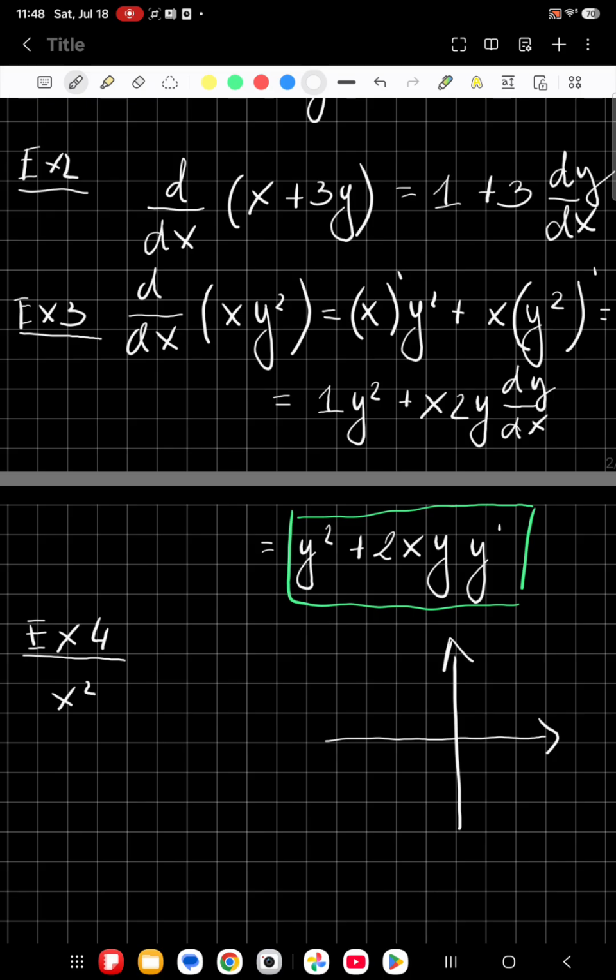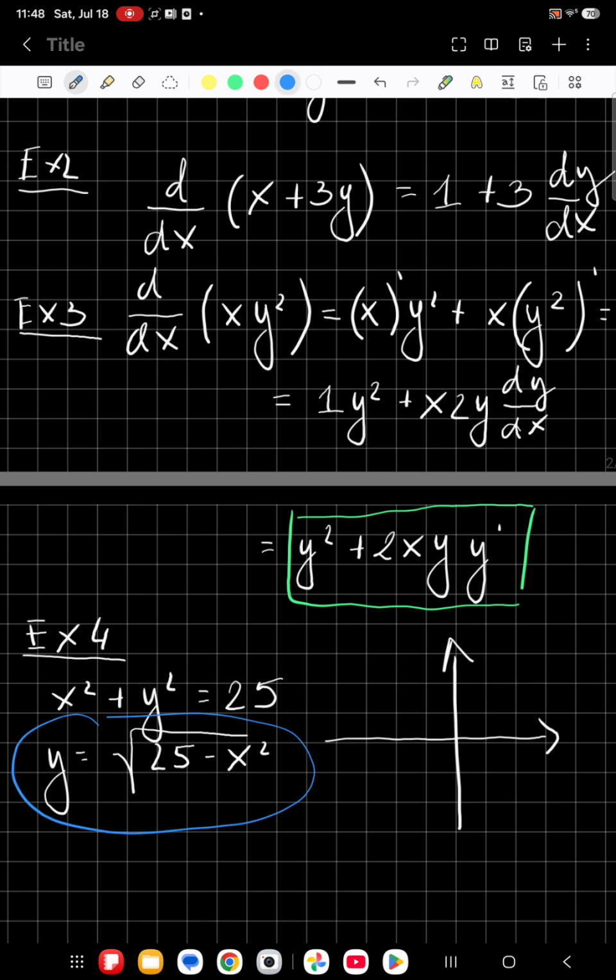So x squared plus y squared equals 25. Initially we had y equals the square root of 25 minus x squared. In this case, I'm just looking at the upper half of that circle. That's the reason why I cannot take a derivative at the points that lie on the bottom half.